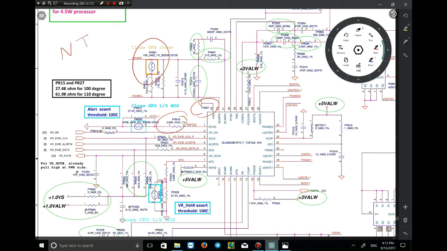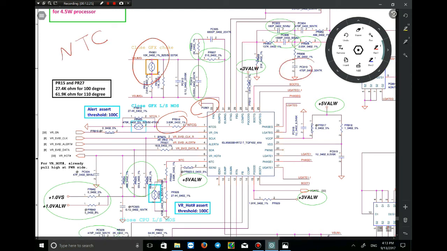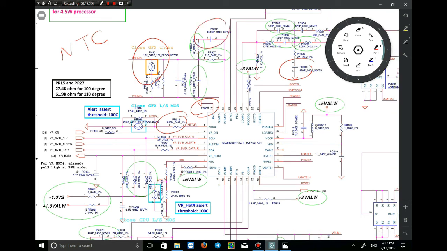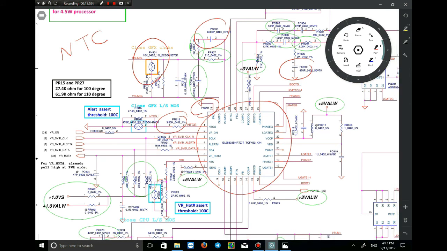PH means NTC resistor. PC 910, PC 905. All the components of this block start with 900. This block is related to CPU power, and PU 901 has the obligation to power the CPU chip.